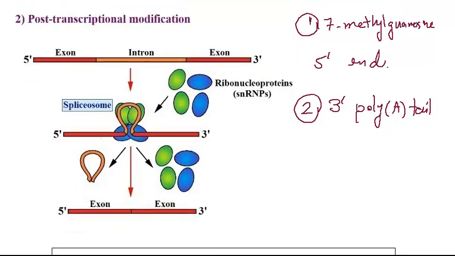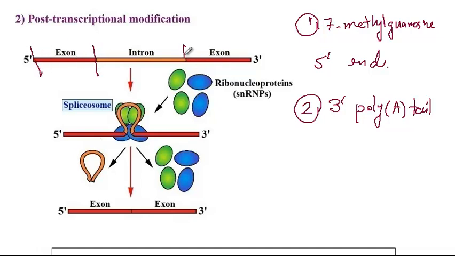Now there is a third process that can happen, and that is splicing. So in eukaryotic cells, the genetic code is interrupted by sequences that are actually non-coding DNA, and those sequences are called introns. So here in this example, this exon is our coding DNA.